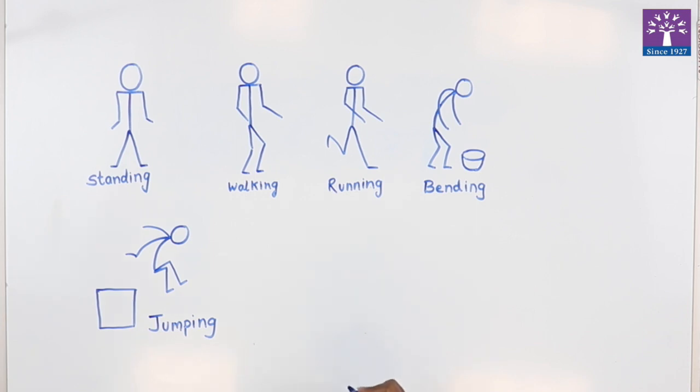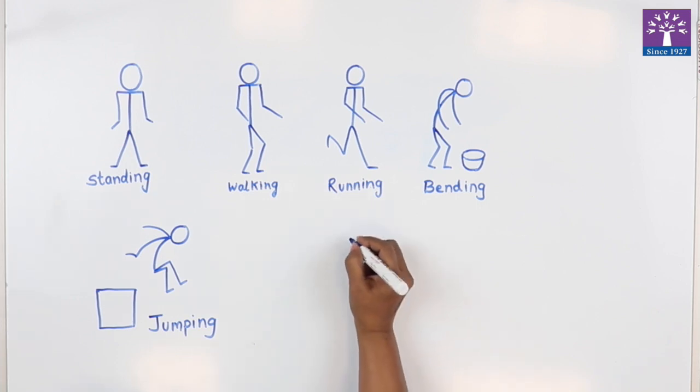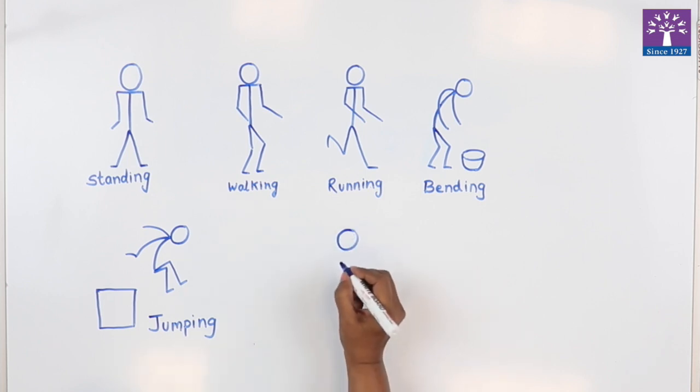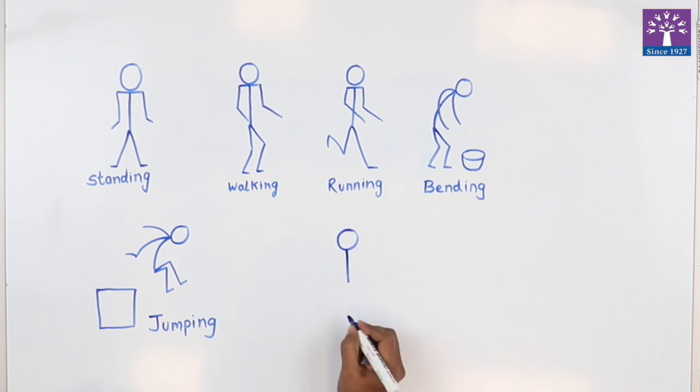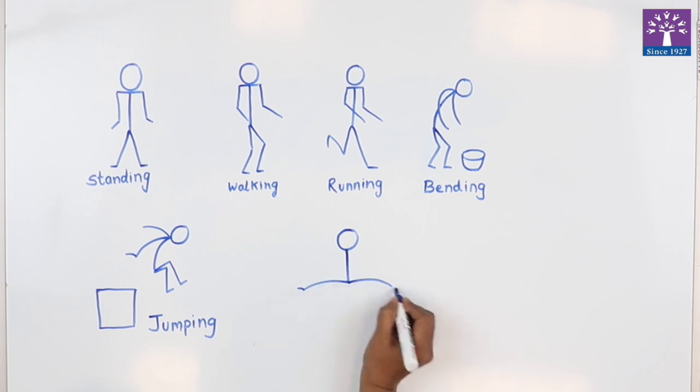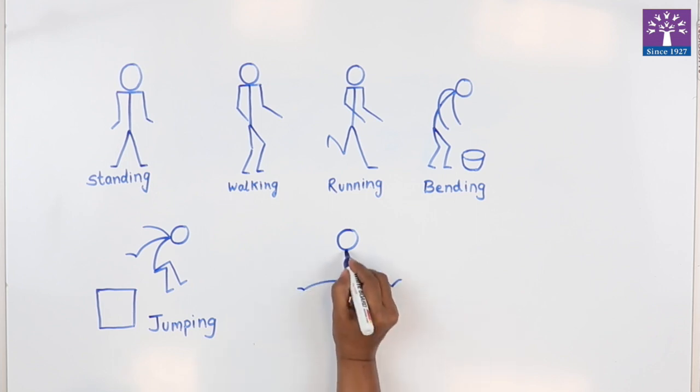The last figure that we are going to draw is again a jumping figure, but then this is a happy jumping. How will you jump with happiness? A happy jumping figure. The head, body, and you're jumping with happiness.